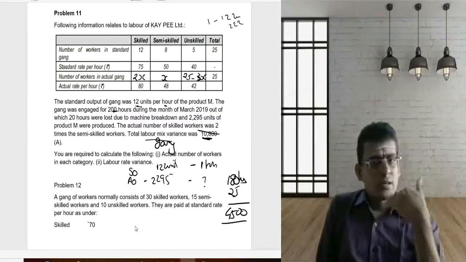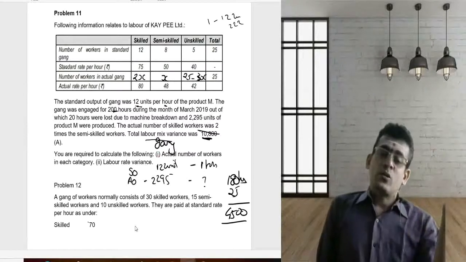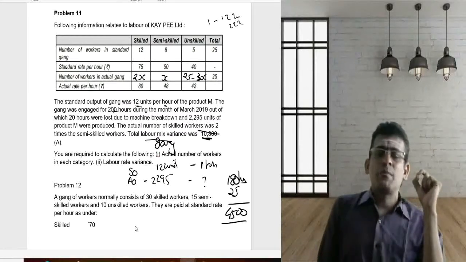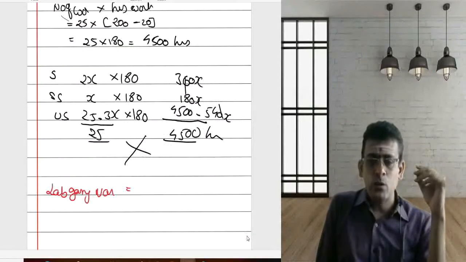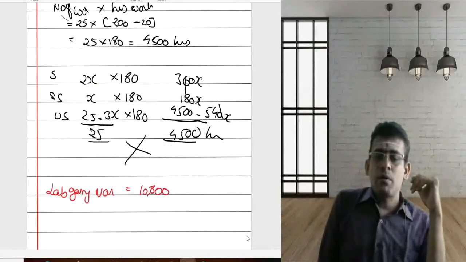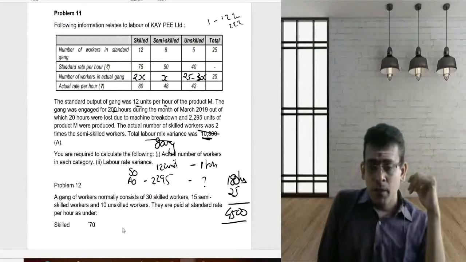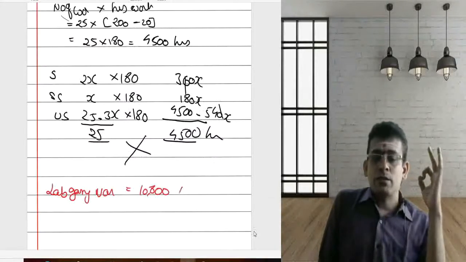If I know that, the rest of the problem becomes quite simple. So I don't know that. Now we are coming to this clue. Labor mix variance or labor gang variance is 10,800. So let us quickly take the value here to be 10,800. Is it adverse or favorable? It was adverse. So 10,800 adverse.